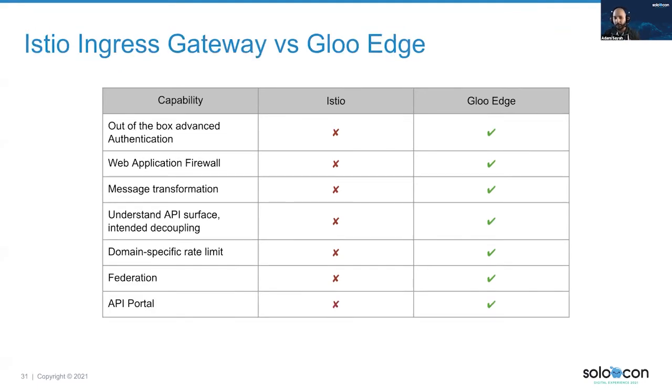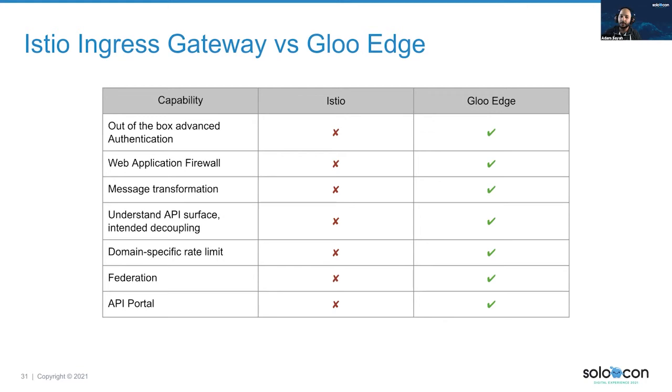If you now compare the Istio ingress gateway with Gloo Edge, you will see that the Istio ingress gateway is not designed for that. It's designed to take incoming traffic from outside to inside your mesh. In comparison, Gloo Edge is designed for edge traffic. You'll see that Gloo Edge supports out-of-the-box authentication, API keys, OIDC, things like that.